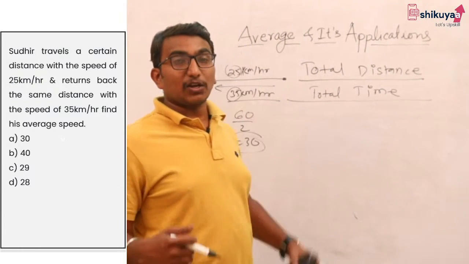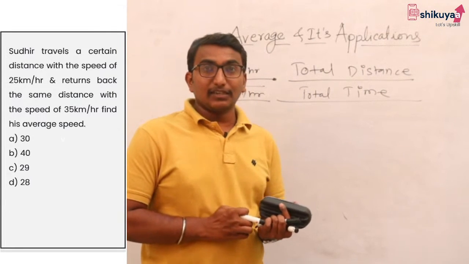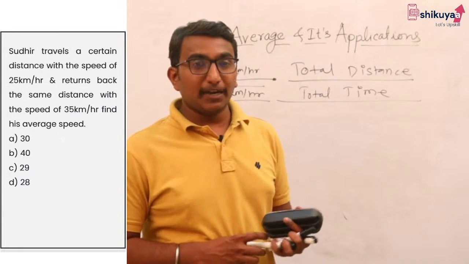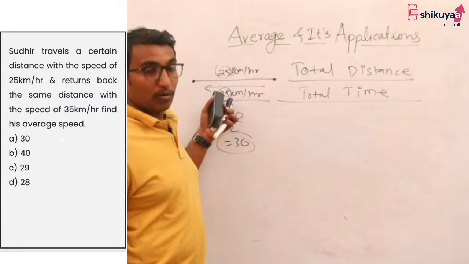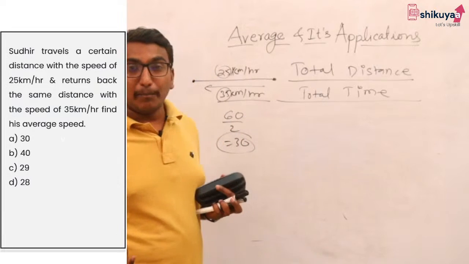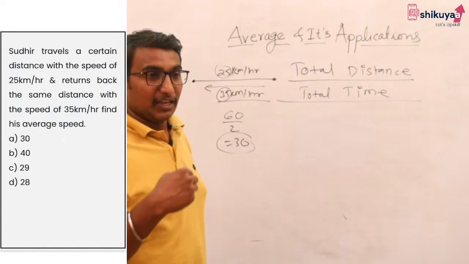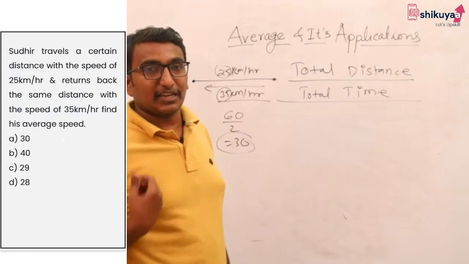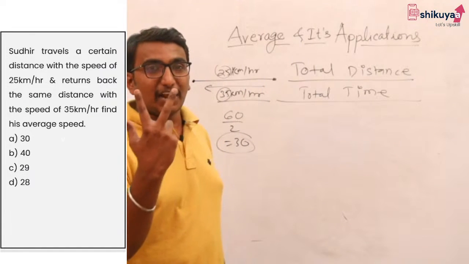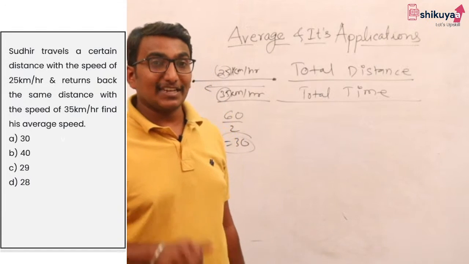Speed is a derived quantity, so you cannot determine the average speed by adding both the speeds and dividing by 2, because we cannot measure the travel in unit numbers, like he has traveled one time and come back a second time, so the travel is for 2 times.